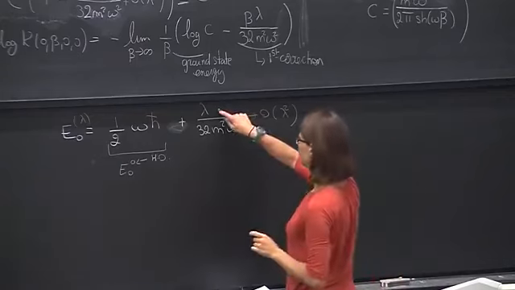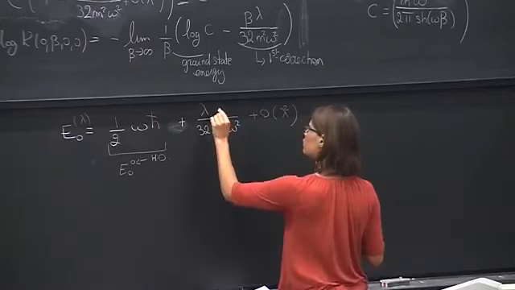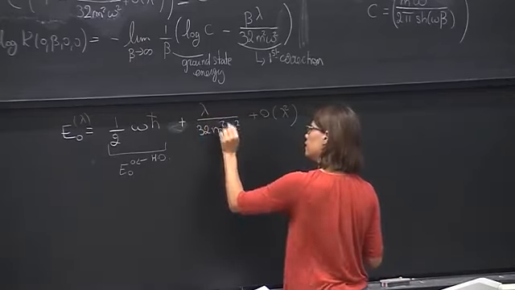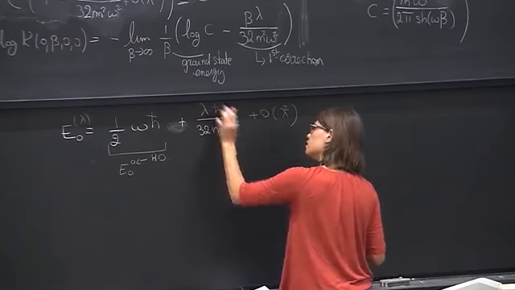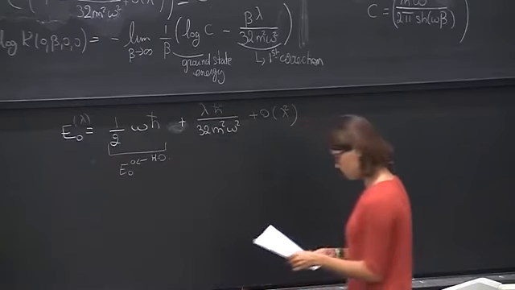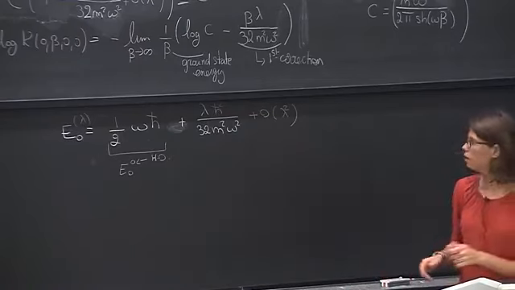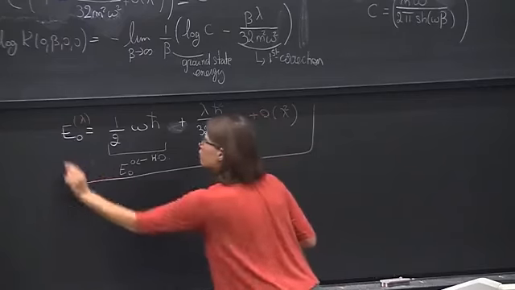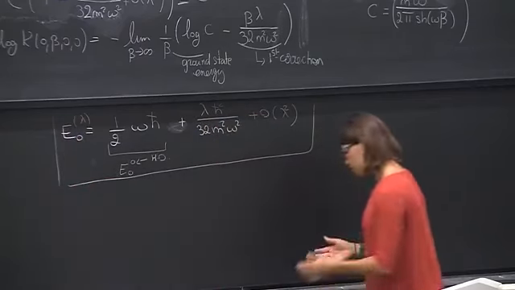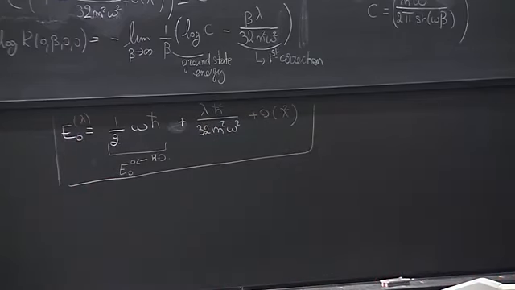Of course, this term, the units are not correct. So if you look at the unit of lambda, m omega squared, then you need here h squared. Meaning that here you have the first correction.